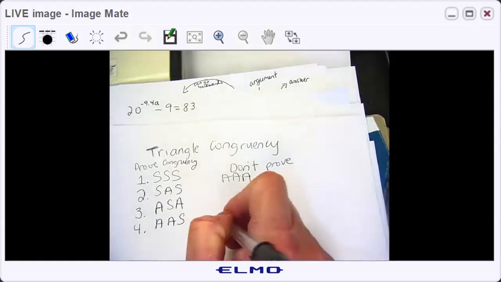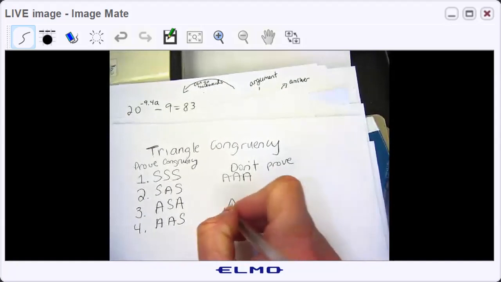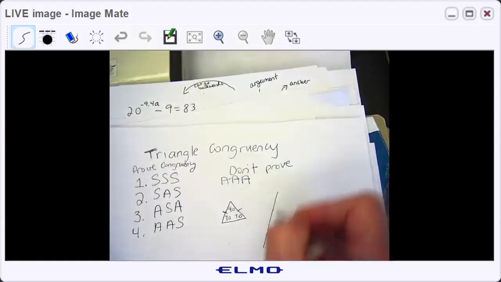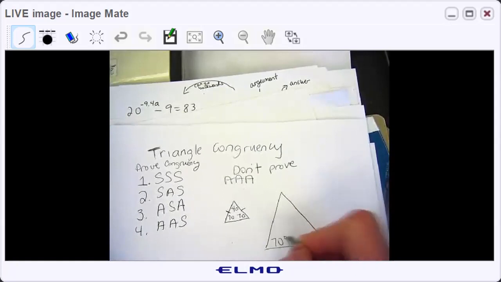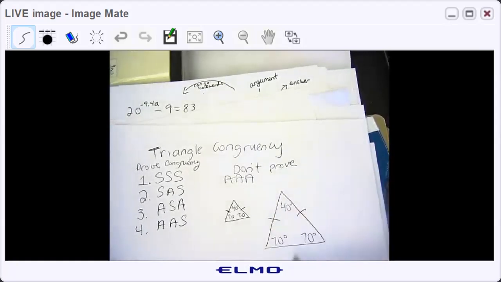An example I could draw real quick is if I had a triangle that had a 40 and a 70, let's just make an isosceles triangle, a 40, a 70, a 70. I could come over here and draw another bigger isosceles triangle and make the angles 70, 70, and 40. And it's bigger, but the angles are the same. So when you make these triangles bigger, the angles don't get bigger. So just knowing that the angles are the same can't tell me what size it is. So that one doesn't work.